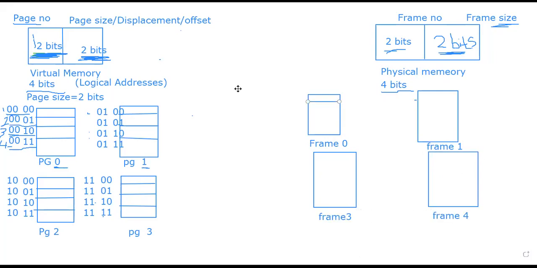Here 16 logical addresses were created, and here 16 physical addresses will be created. That's the logic.